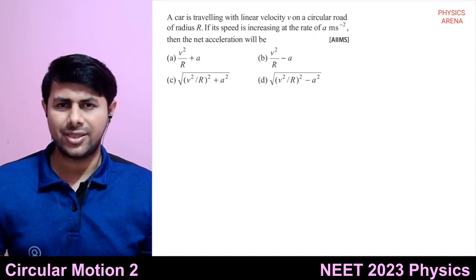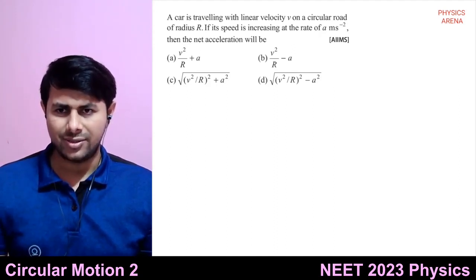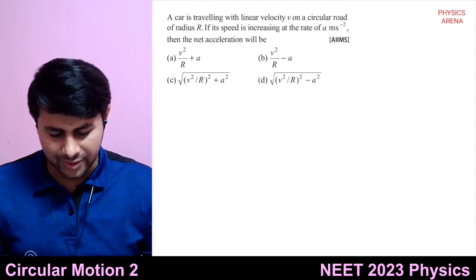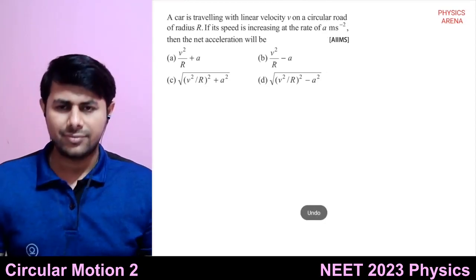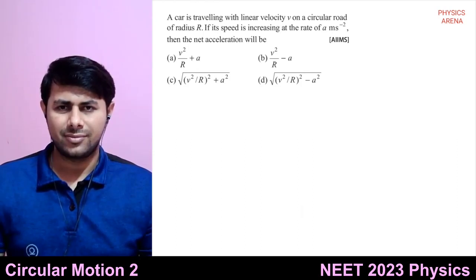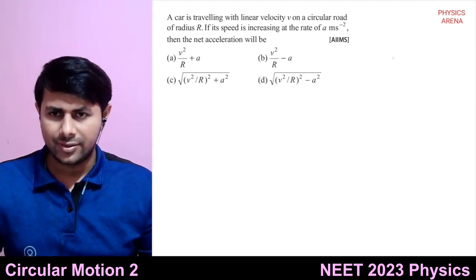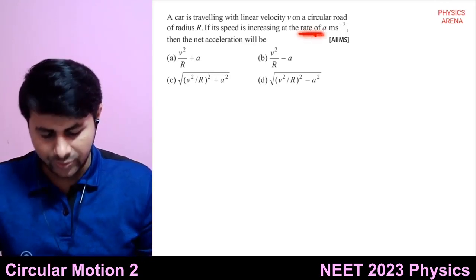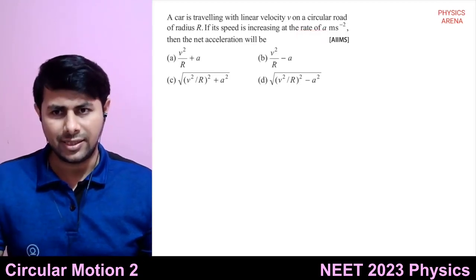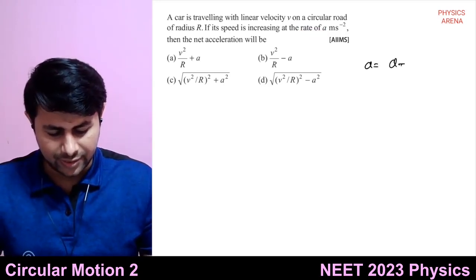Centripetal is due to change in direction of velocity, right? So which acceleration is this? Tangential acceleration. This is changing the magnitude of velocity, no? So A is tangential acceleration.